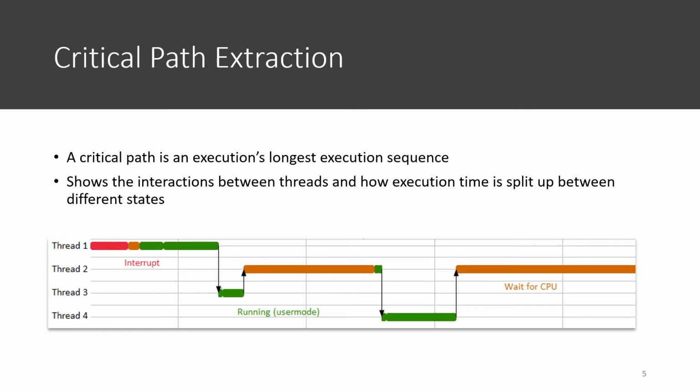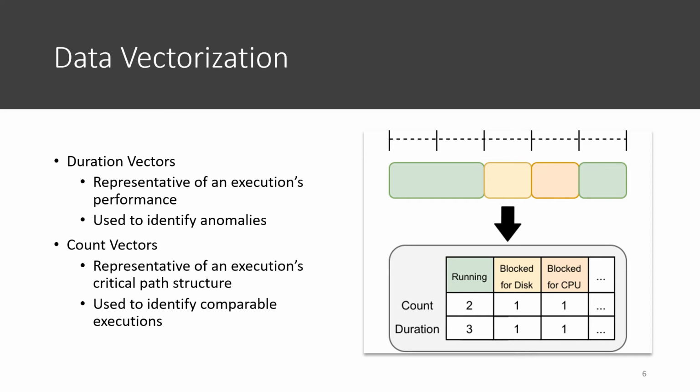This is very helpful because it shows the interactions between threads, and it also breaks up the execution time and identifies when the execution spent its time in different states. These states being running in user mode, running in kernel mode, waiting for CPU, waiting for disk, interrupted, so on and so forth.